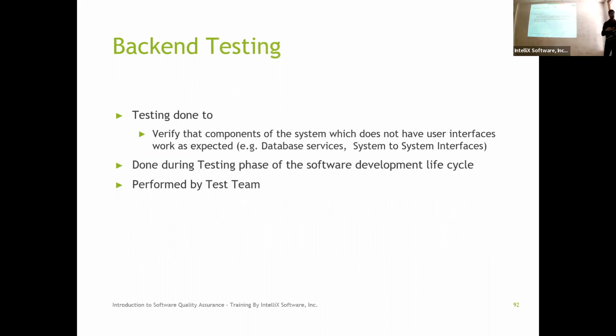Now there are additional terms that you're going to hear as you go through this. One of the terms is backend testing. A lot of times there is functionality that is identified which doesn't have a specific front end for you to test through. Let me give an example. All of you read through the requirements document, and one of the requirements was auditability.